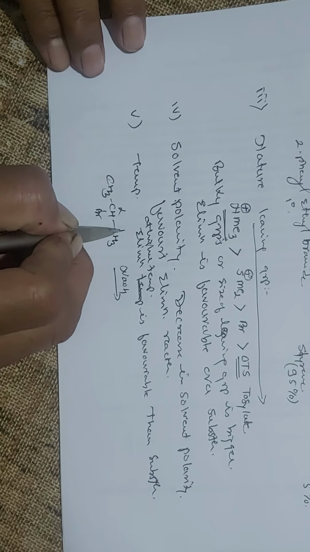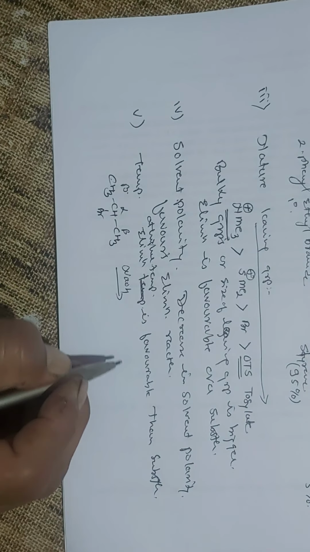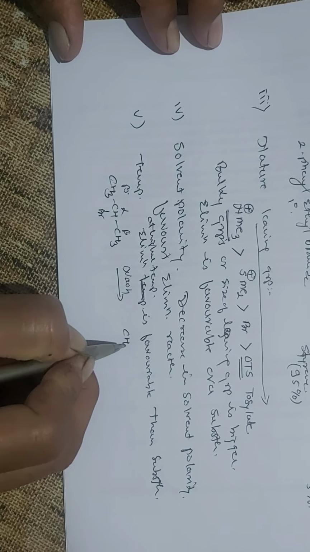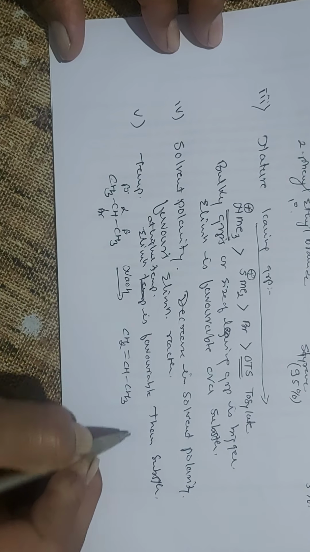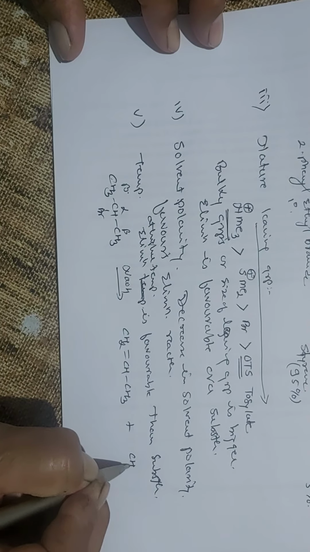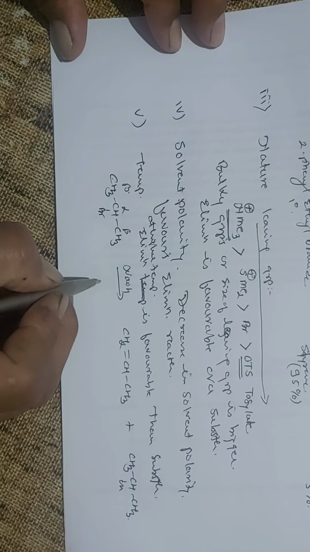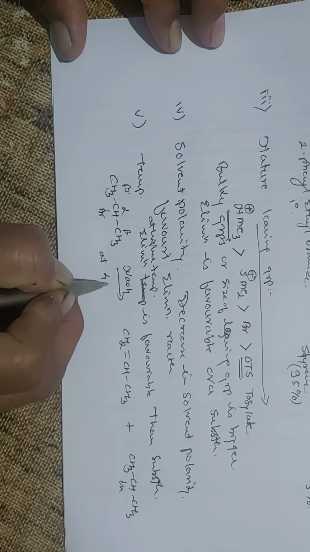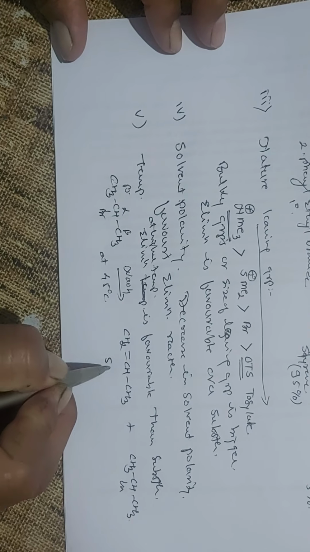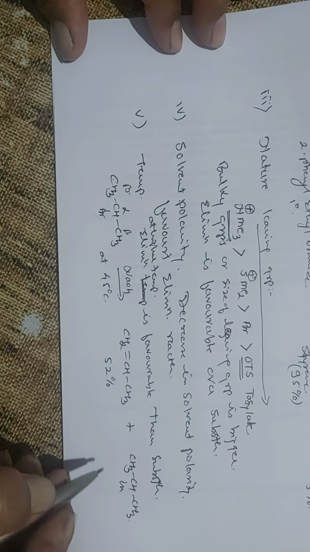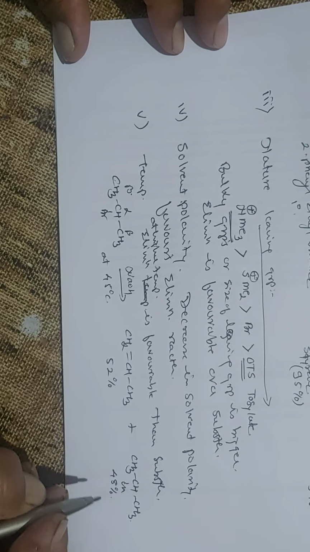Here this is the alpha carbon, this is beta, and it can give both types of products: the elimination product, propene, and the substitution product, the alcohol. If the reaction is carried out at 45 degrees Celsius, at a lower temperature, you get less elimination and more substitution.